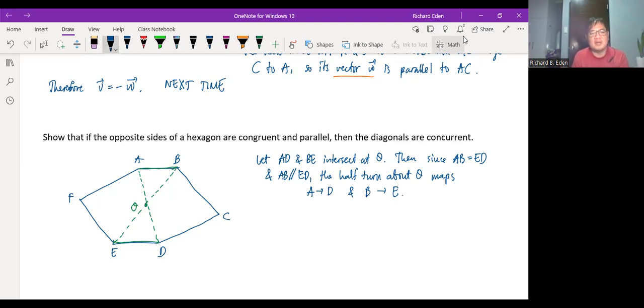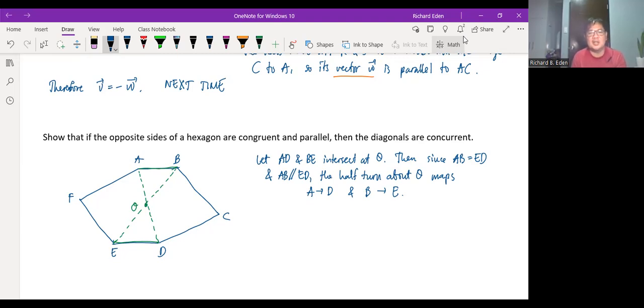Do we use a concurrency theorem here? I have not discussed formally any concurrency theorem, but we can do the same argument.